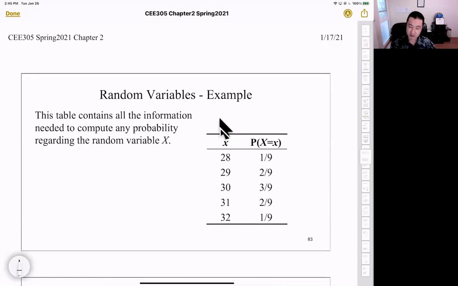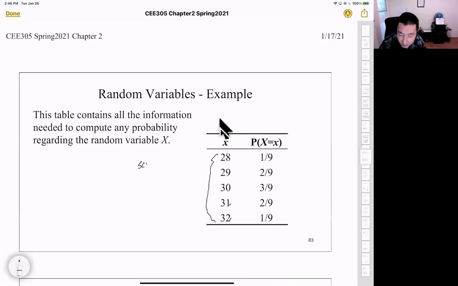Again, X is defined as the total ohms of these 2 picks. The possible outcomes will be 28, 29, 30, 31, and 32, and we call that the sample space. So the sample space has 5 possible outcomes, and for each possible outcome, here shows the probability.